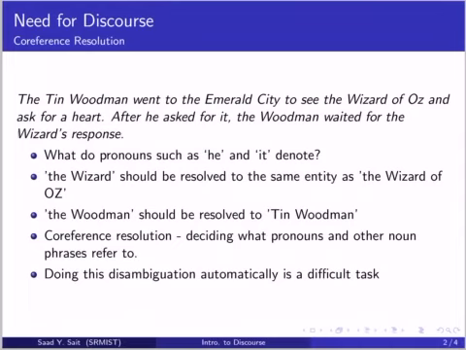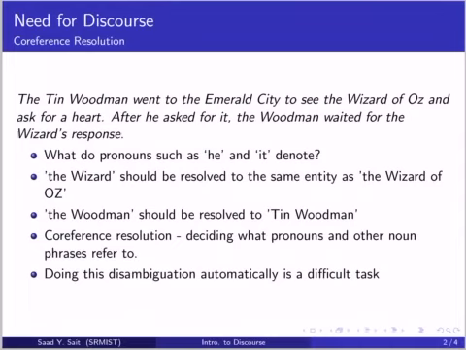So as we understand, we automatically realize that the he here refers to Tin Woodman and the it refers to heart. Also, you would note that Woodman has to be resolved to Tin Woodman and Wizard has to be resolved to Wizard of Oz.